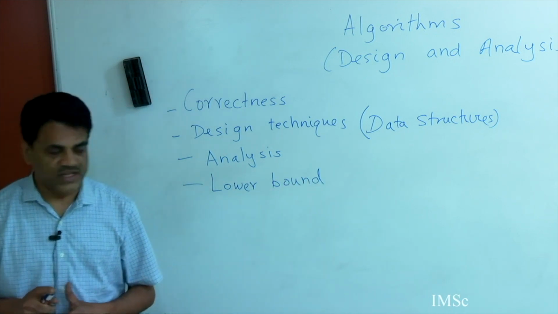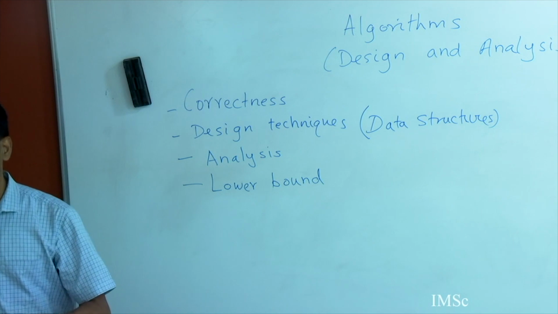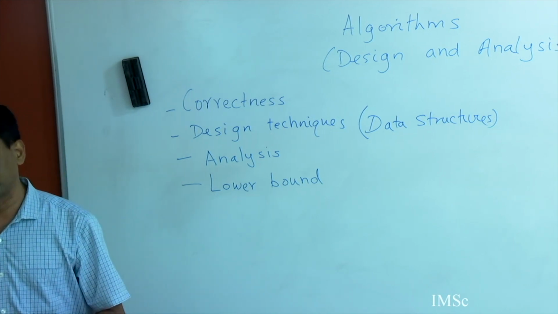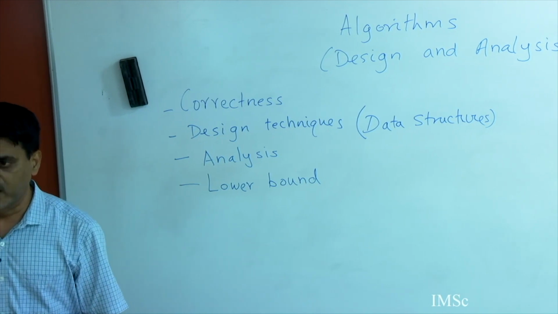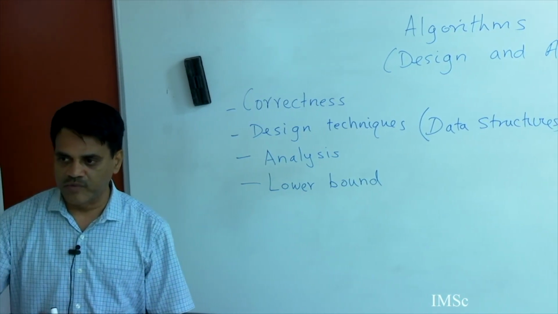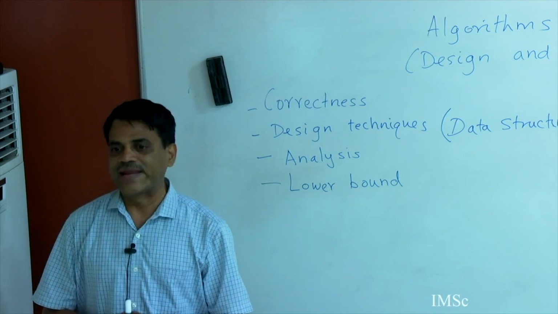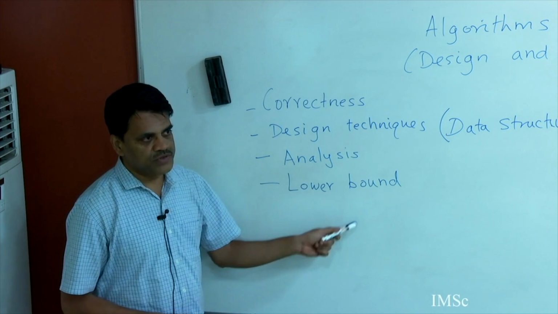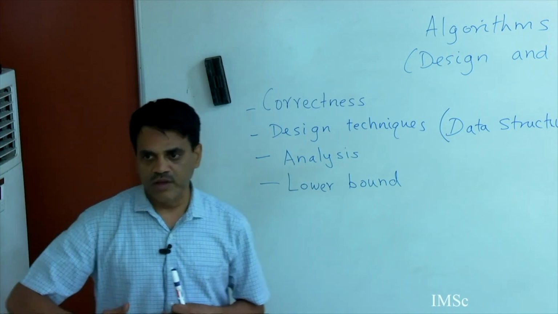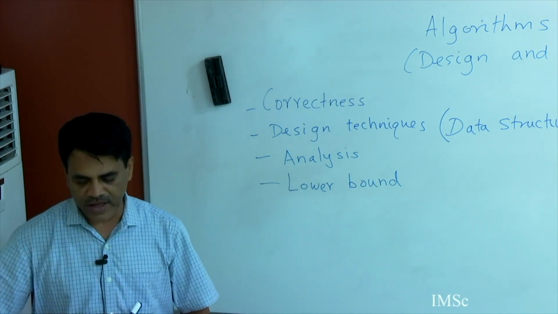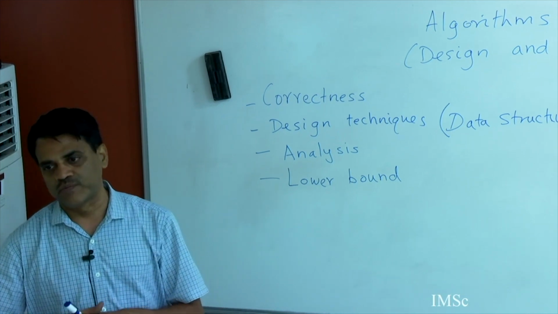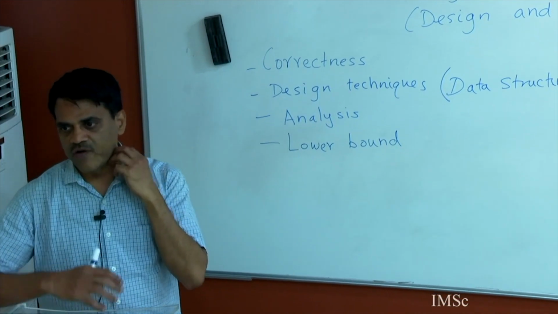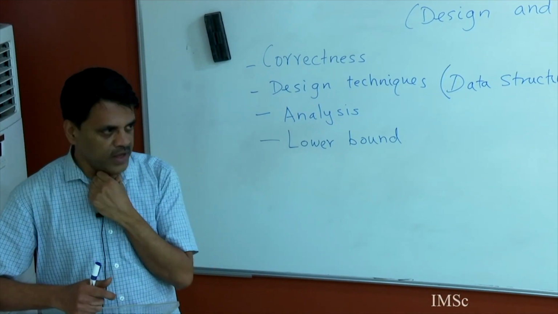The goal is to design better algorithms, but what is the limit? How far can we go? And can you somehow argue that for this problem you cannot do something better than this? Okay, so that takes us to this notion of, is there some sort of a lower bound for the problem, a lower bound for the time taken by any algorithm for this problem? Okay, so this is a hard thing, and these are some of the aspects we'll be covering through this course. Okay.